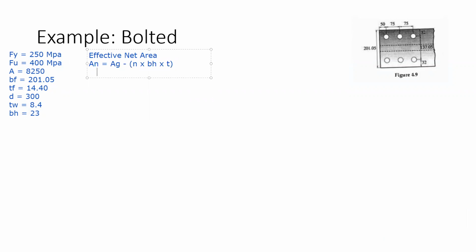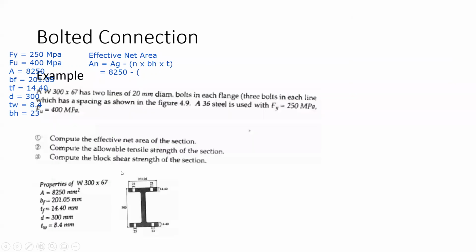So given lahat to, we have AG 8250. Number of bolts natin, ang titignan natin is the cross-sectional area. So we have over here 1, 2, 3, 4.